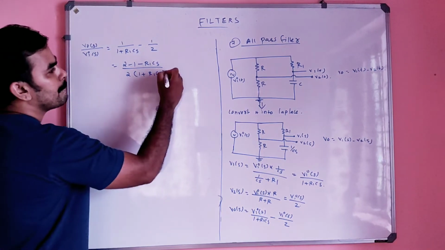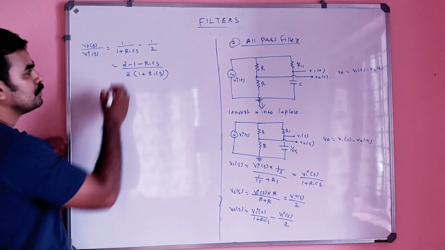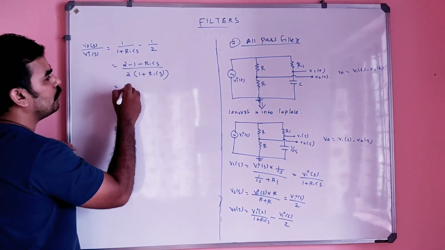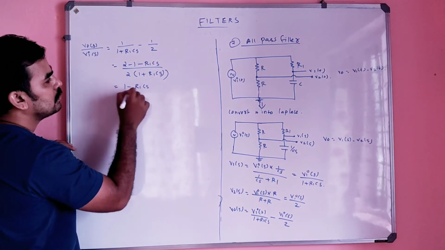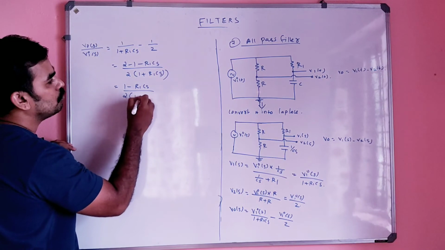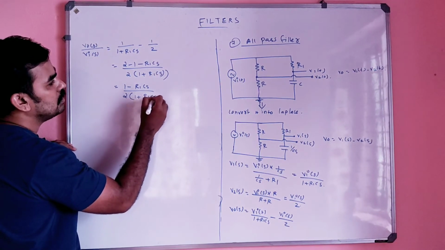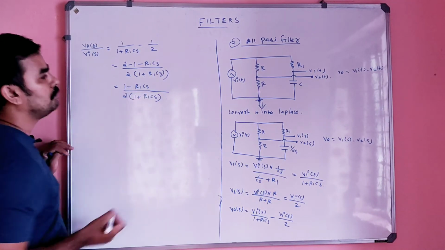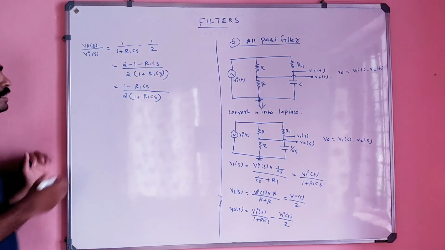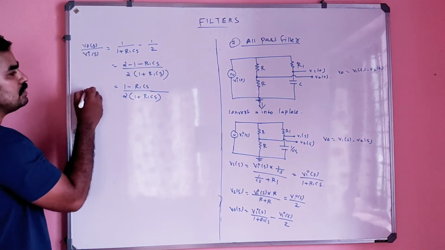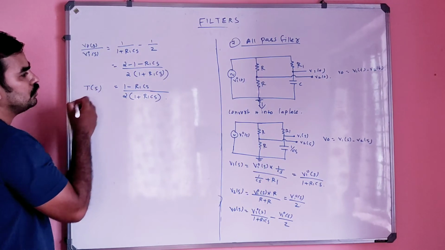Or it's simply 1 minus R1 Cs whole divided by 2 into 1 plus R1 Cs. So that is V0 of s by VA of s, which is nothing but the transfer function T of s.